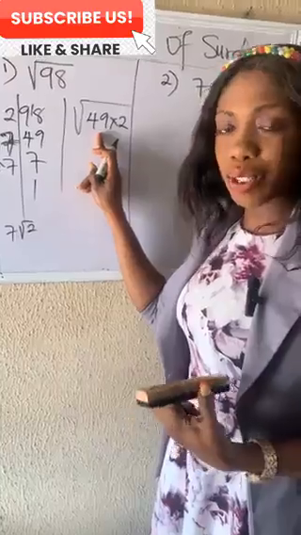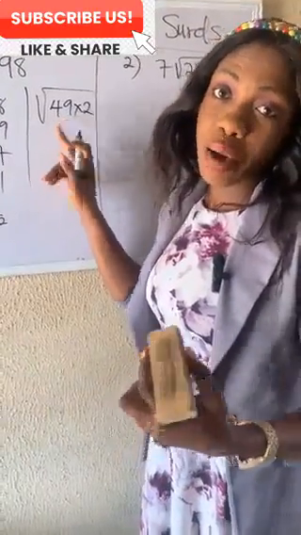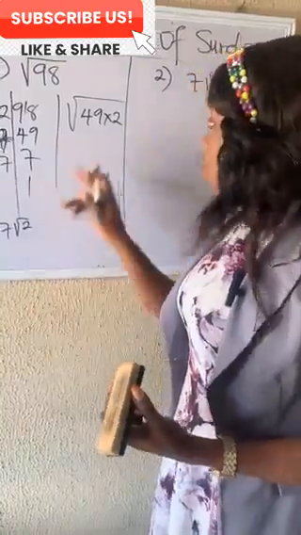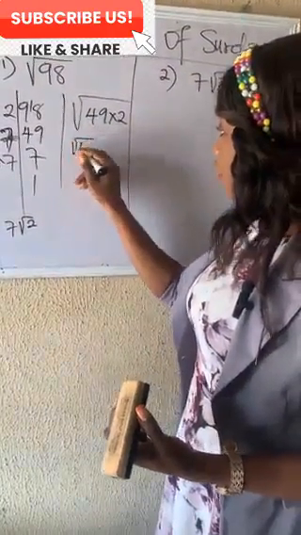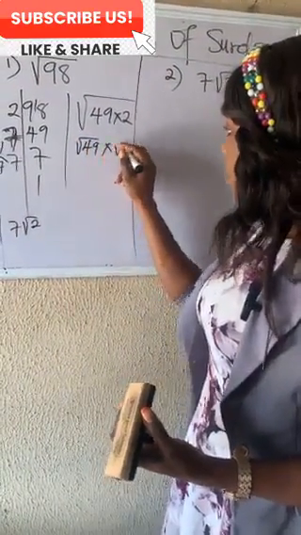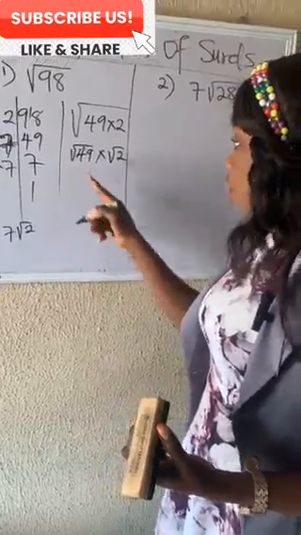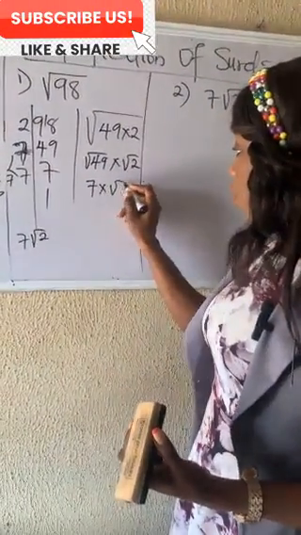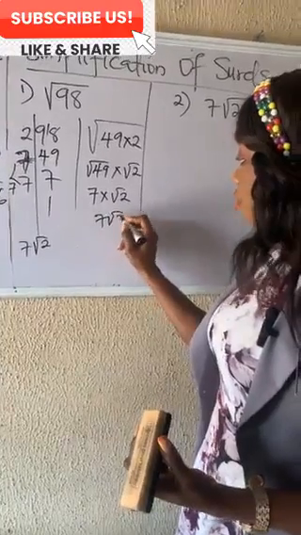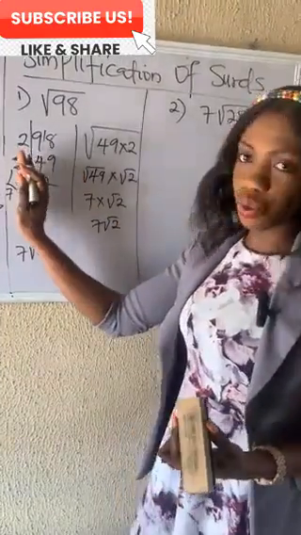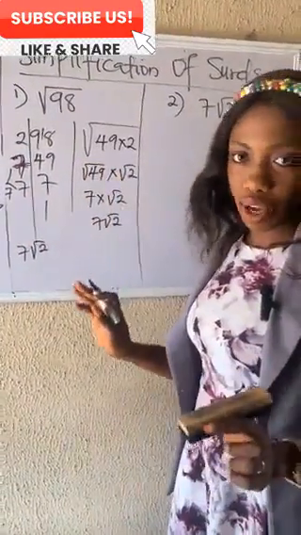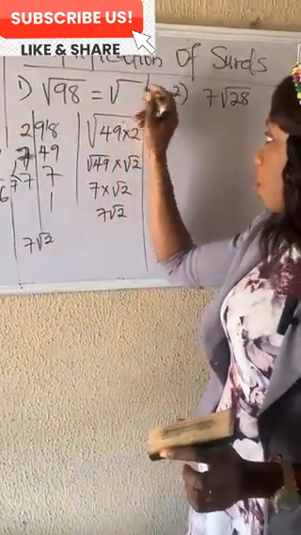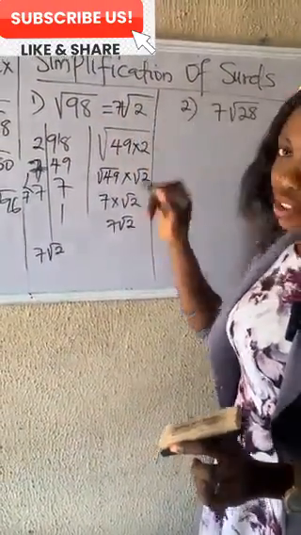I hope you still remember what we talked about perfect squares. Perfect squares are those numbers whose square roots are always a whole number. So if we simplify this, it will give us sod 49 times sod 2. What is the square root of 49? Square root of 49 is 7, times sod 2, and that will give us 7 sod 2. So it's either you do it this way or this way, whichever way you are okay with. So when you simplify sod 98, it will give us 7 sod 2.